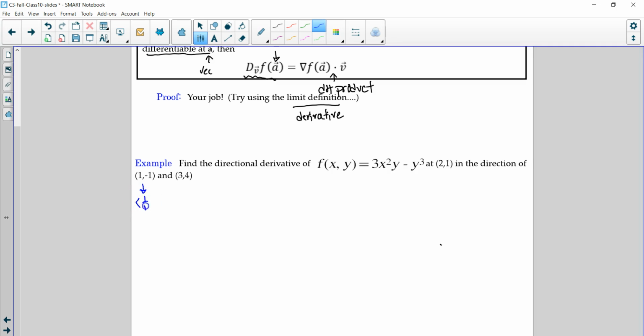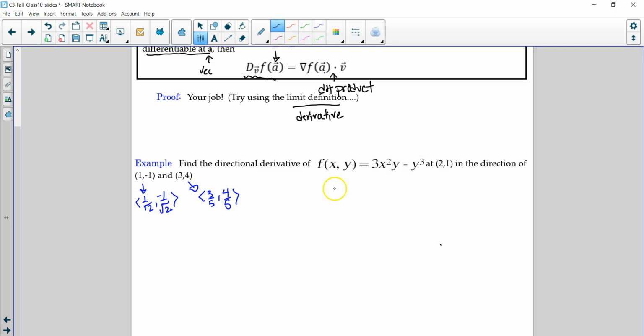We can do 1 over root 2, comma, negative 1 over root 2. And this one should just be 3/5, 4/5. So now, all I have to do is find the gradient at A and dot it with my unit vectors.